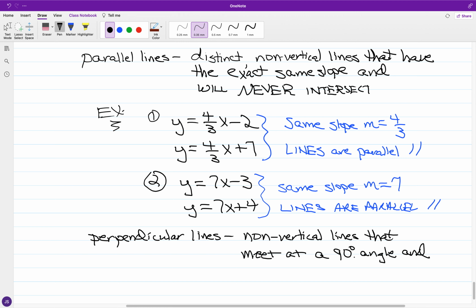And in terms of how they meet at a 90-degree angle, their slopes are going to be opposite sign reciprocals of each other.